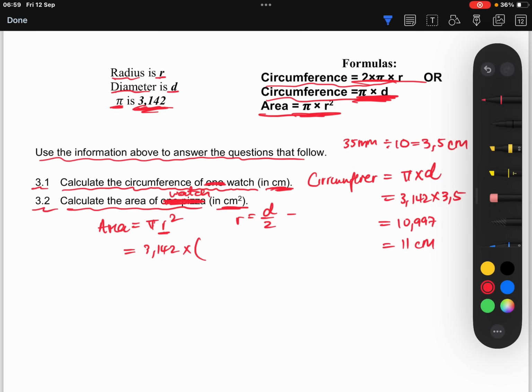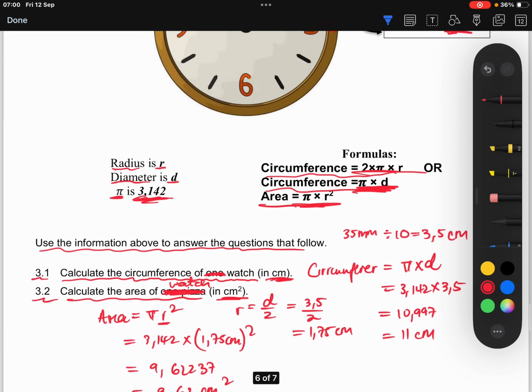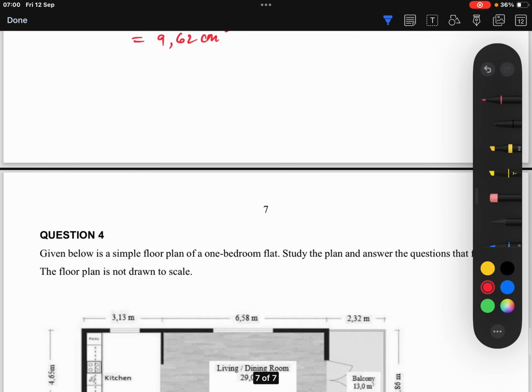It's the diameter divided by 2, which is the 3,5 divided by 2. It's going to be 1,75 what? Centimeter. So we have 1,75 centimeter squared. And then the answer is going to be 9,62237. So we round off to two decimal places. It's going to be 9,62 centimeter square. Very important, guys. It's an easy question. You're given everything. You just need to substitute.